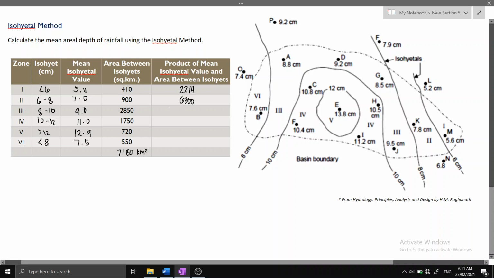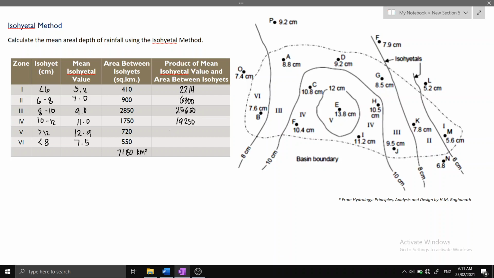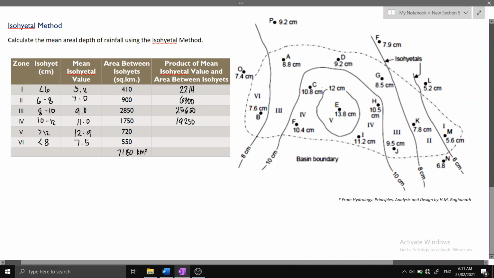Next is 6,300. Next is 25,650. 19,250. And then 9,288.